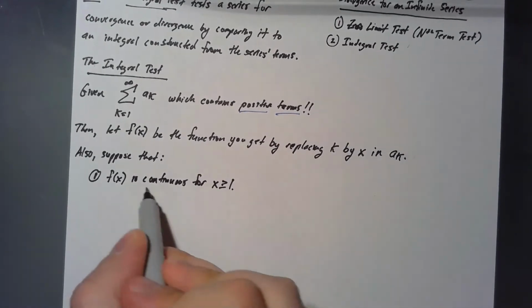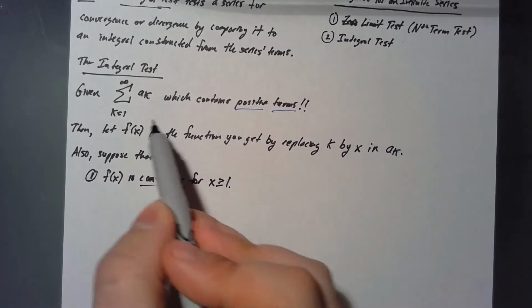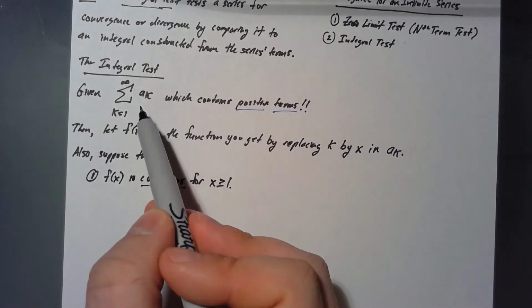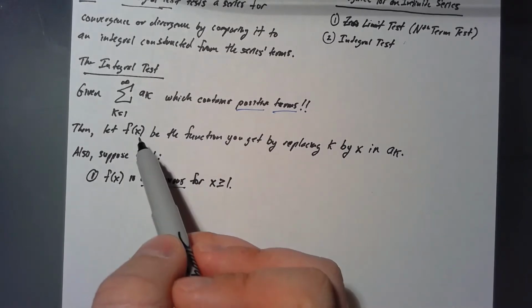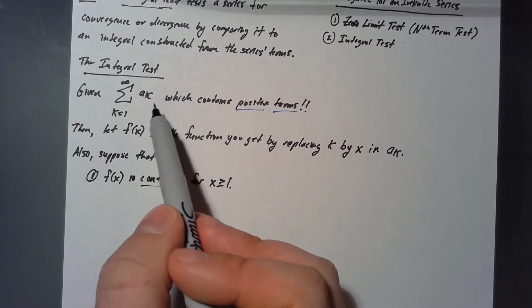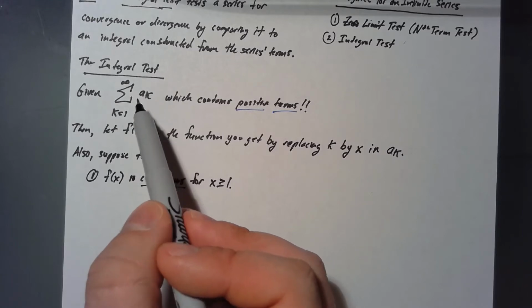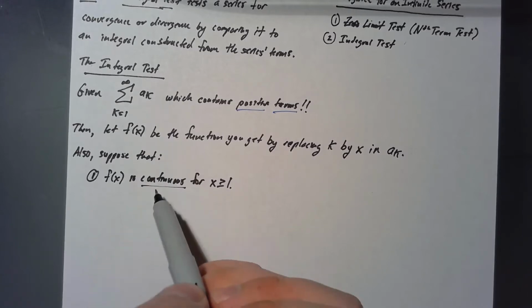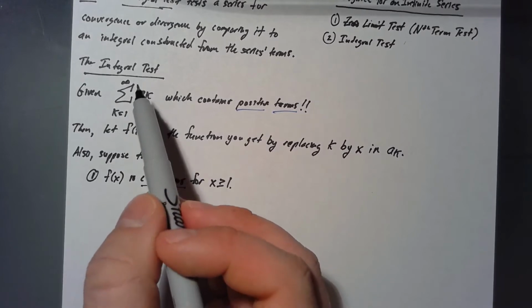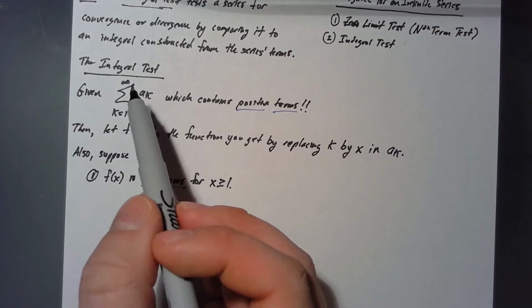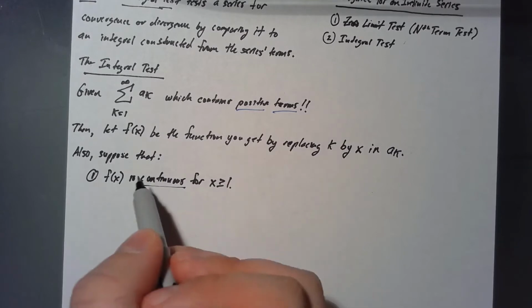So that means that, provided this is a positive term series and I replace it with the function, this function is continuous for all the values from its starting value forever. So that just means it's continuous.